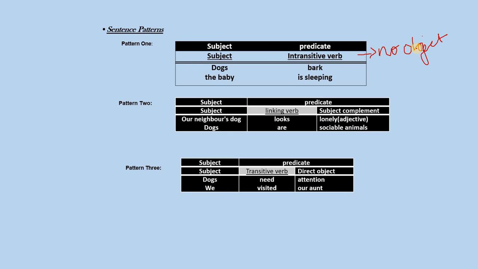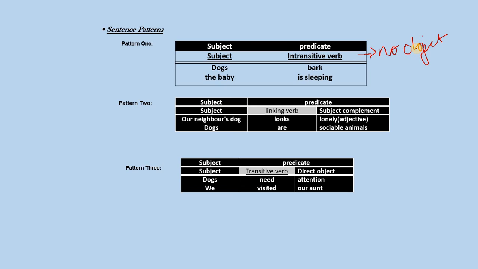In another case, we have another pattern, which is a subject plus predicate, and most of the time what makes the difference between sentence patterns is the predicate. So when I say linking verb plus a subject complement, it differs. For example, I say our neighbor's dog looks lonely.